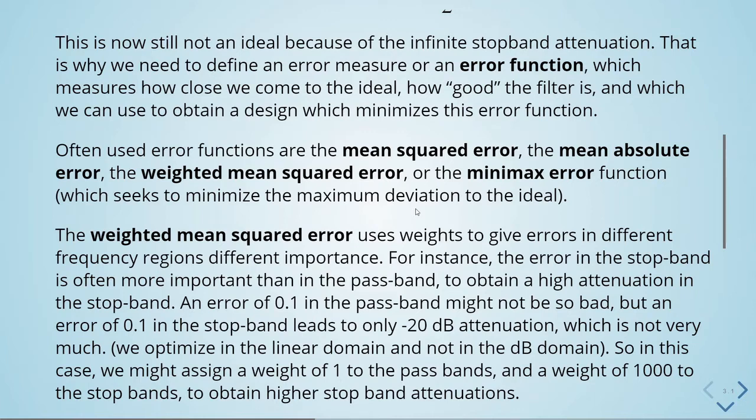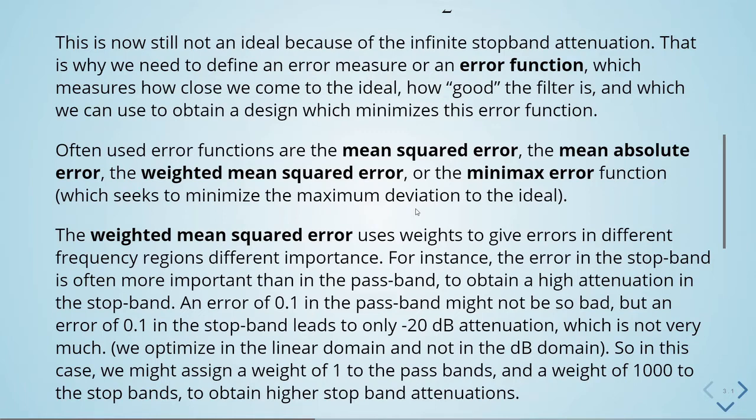So for instance, the error in the stop band is often more important than in the pass band to obtain a high attenuation in the stop band. An error of 0.1 in the pass band might not be so bad, but an error of 0.1 in the stop band leads to perhaps only minus 20 dB attenuation, which is not very much.